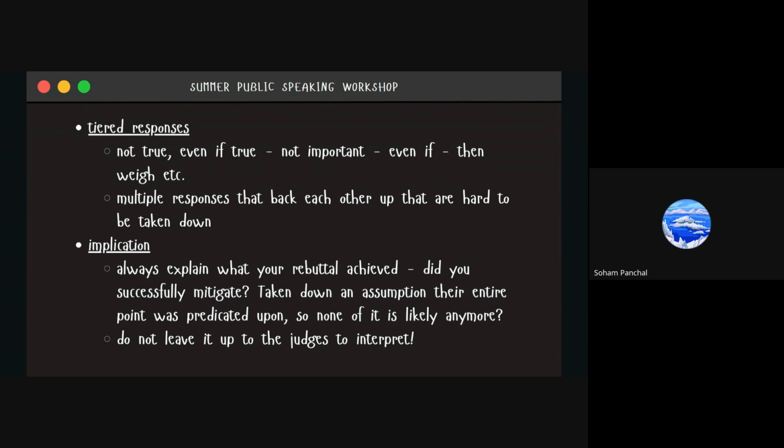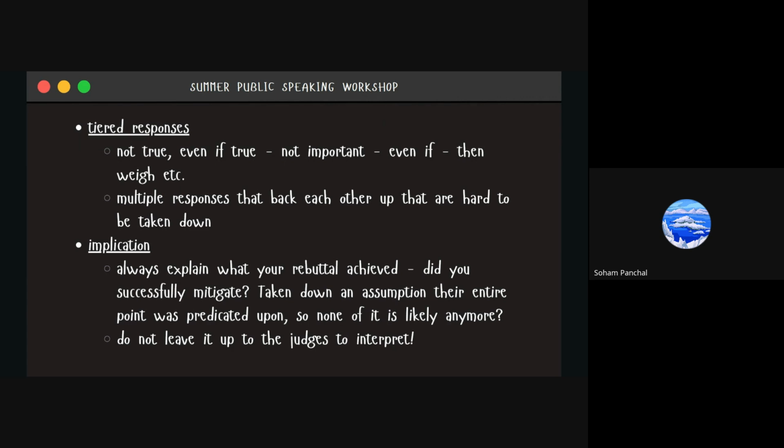For example, if their argument was that there is a stakeholder A, and that your X is doing harm to A, that's why your case does not stand. Now you have to rebut it and defend your own case.